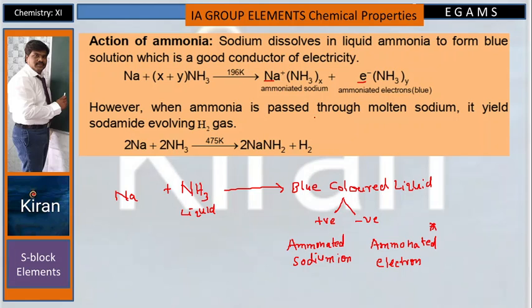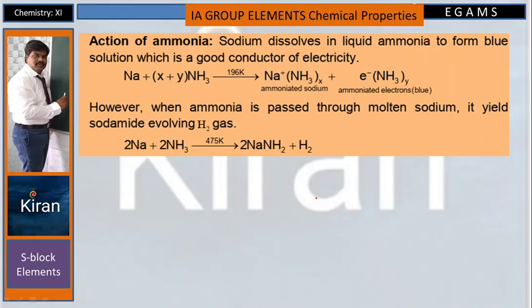When ammonia is passed through molten sodium, it yields sodamide, evolving H2 gas. This is unstable. This is the final reaction. When sodium reacts with ammonia at 475 Kelvin, it is converted into sodium amide or sodamide with hydrogen gas. This is the last chemical property of these first group elements.